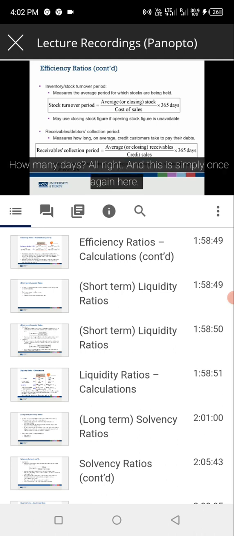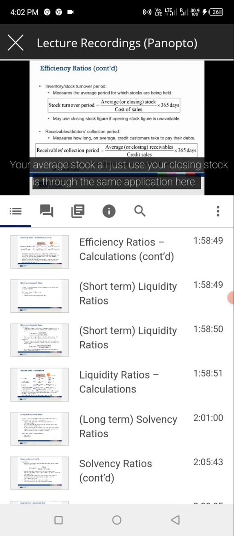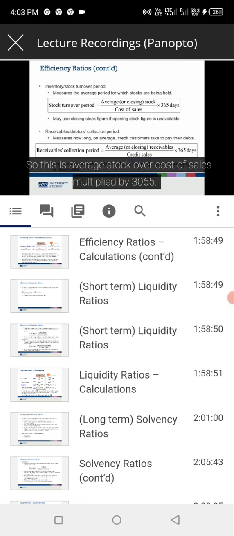And this is simply your average stock, or just use your closing stock. It's still the same application here. If you are using average, make sure you use average all through. If you are using closing, use closing all through. So it says average stock over cost of sales multiplied by 365 days, and that will give you the number of days.